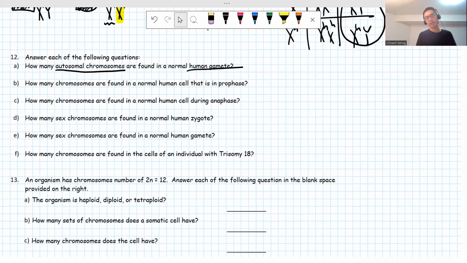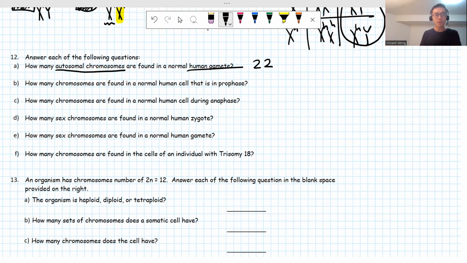A human gamete has half the genetic material, so that's 46 divided by 2, which gives you 23. And then we are only counting the autosomes, so that's 22. So half, and then take away the X or the Y, and you get 22.